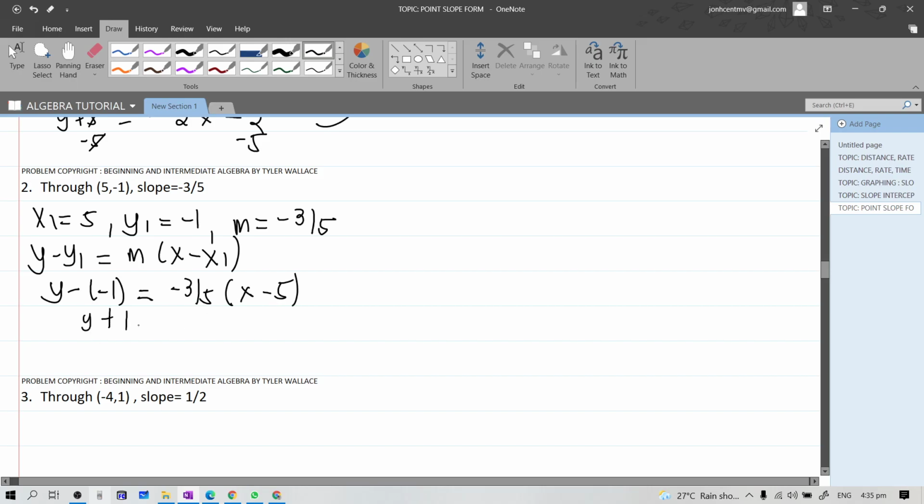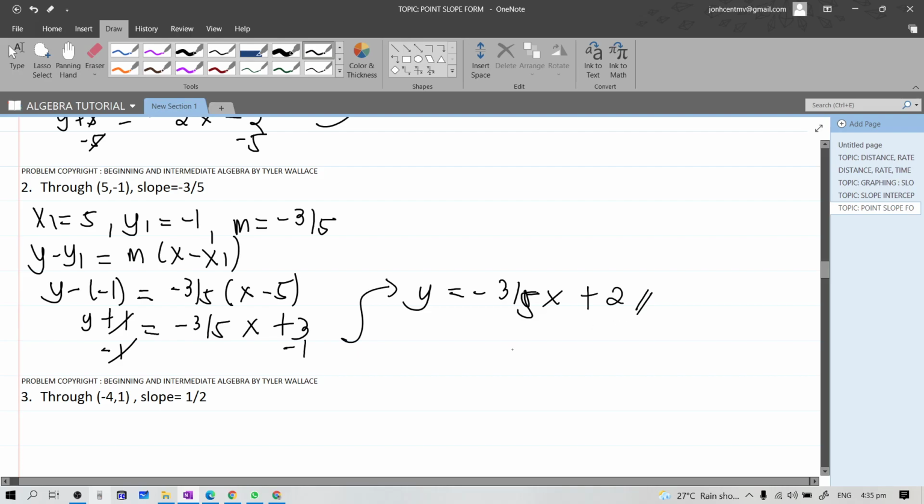We have y plus 1 is equal to negative 3/5 x, negative 3/5 x plus 3. Because 5, 5, 1. Negative times negative is positive. So, negative 1, negative 1. And you will have y is equal to negative 3/5 x plus 2. Okay? So this is the answer.